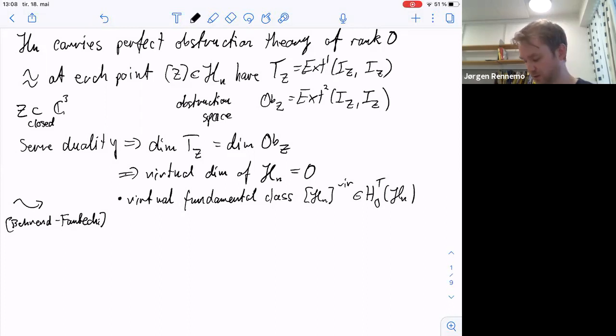That's actually not what we're interested in today. Since we're looking at K-theoretic counting invariants, we're looking at the virtual structure sheaf.